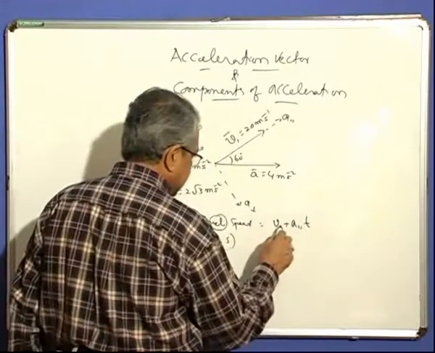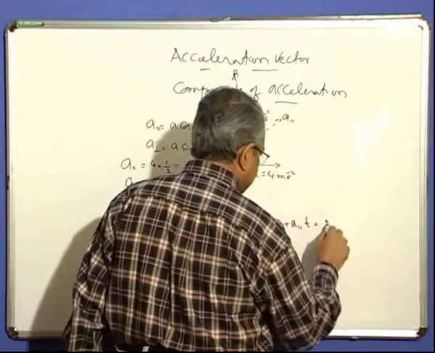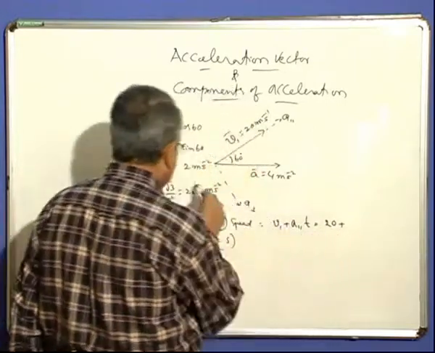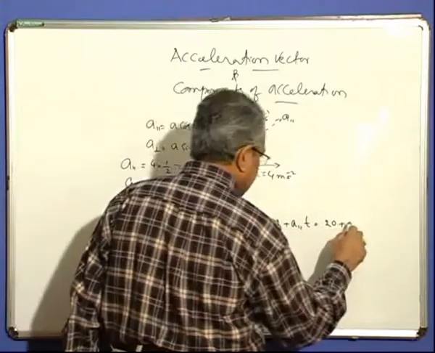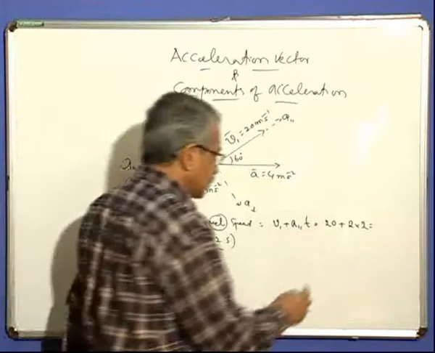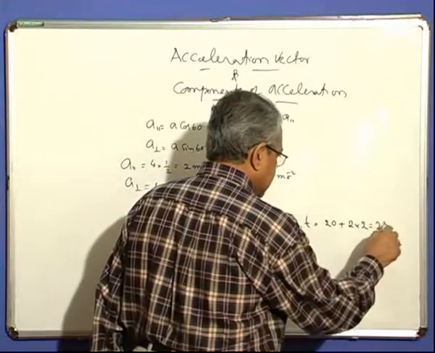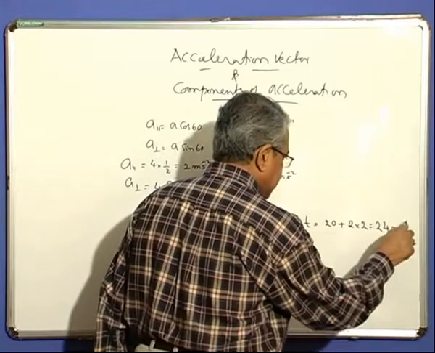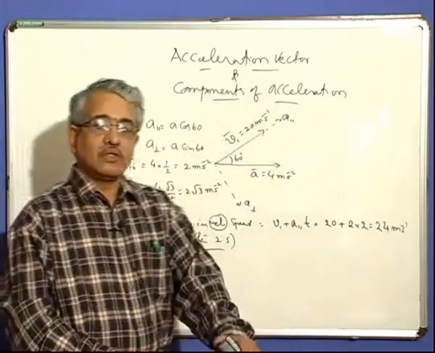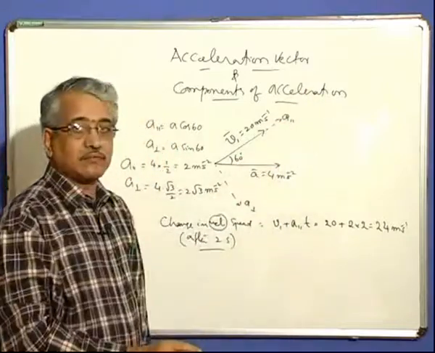So the initial velocity is 20 meters per second plus 2 meters per second square, after 2 seconds a into t is 4, so it is 24 meters per second. So in 2 seconds the velocity has become 24 meters per second along the direction of movement.